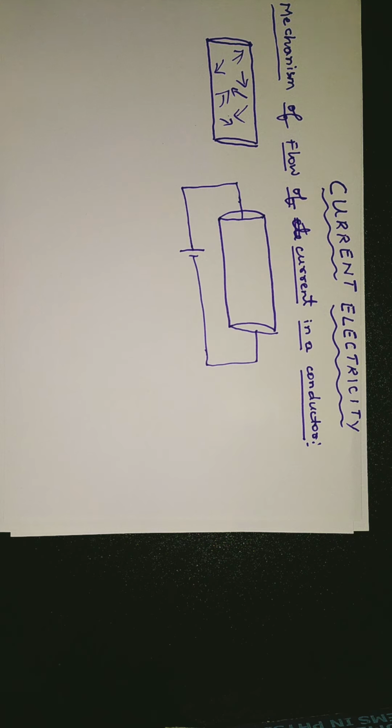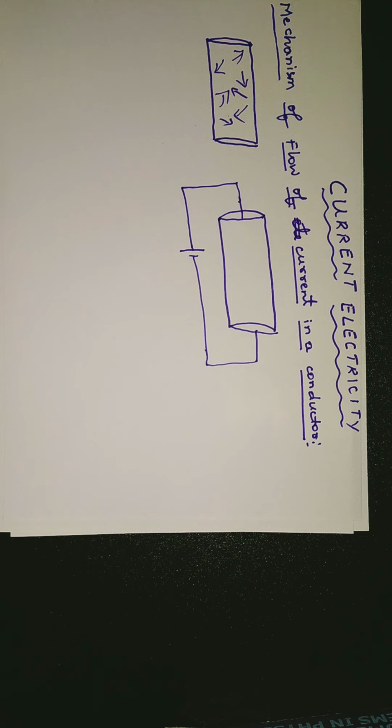Now, you know that when a charge is under the influence of an electric field, it experiences a force. In which direction do the free electrons present here experience the force? The electrons experience a force opposite to the direction of the electric field, because the electric field is always directed from positive to negative, whereas the electrons experience a force opposite to this, negative to positive, because electrons are negatively charged.